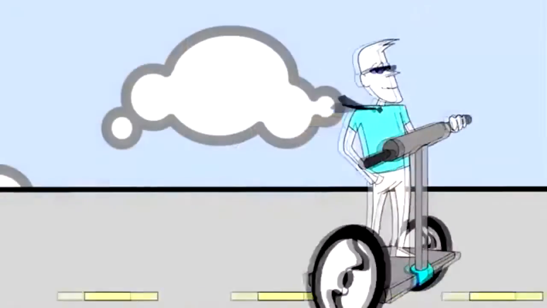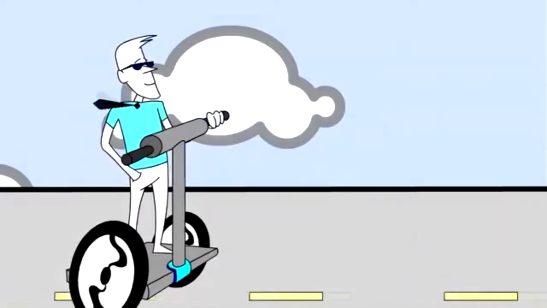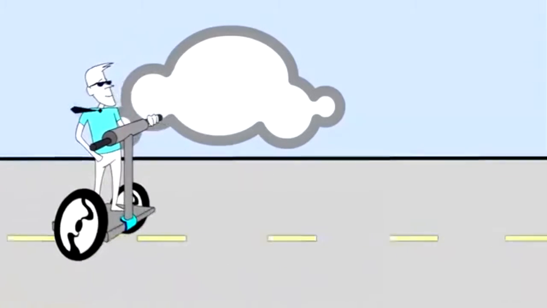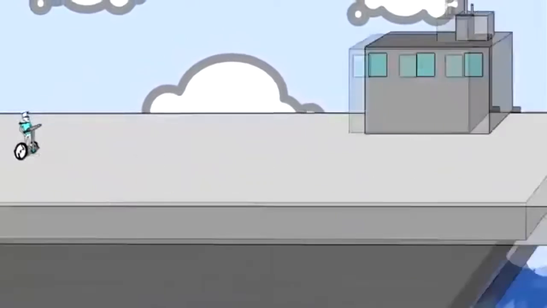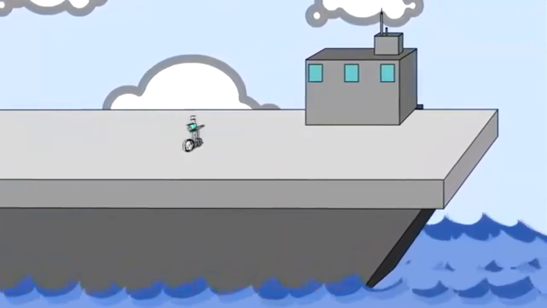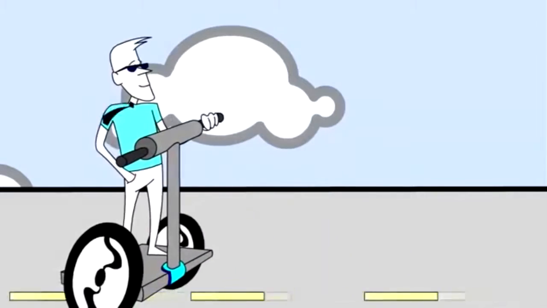Here's a cartoon. So here's a guy on a Segway. He's going velocity v. But as you pull out, from our perspective on the beach, he's actually moving on an aircraft carrier. The aircraft carrier's velocity is w.